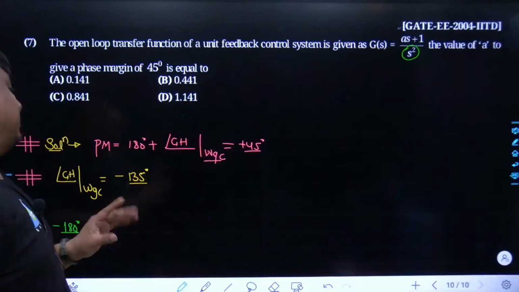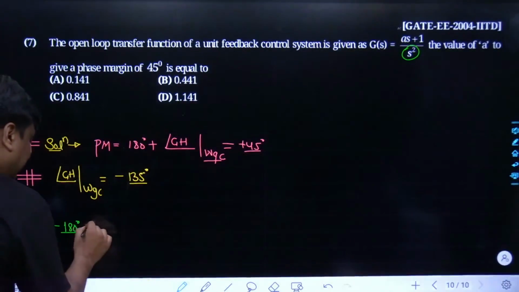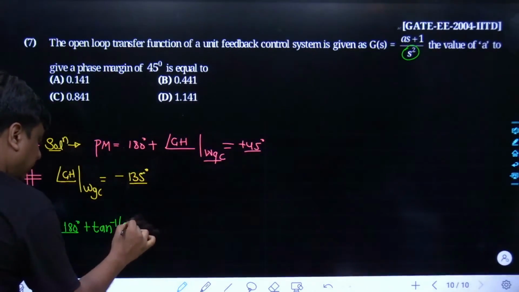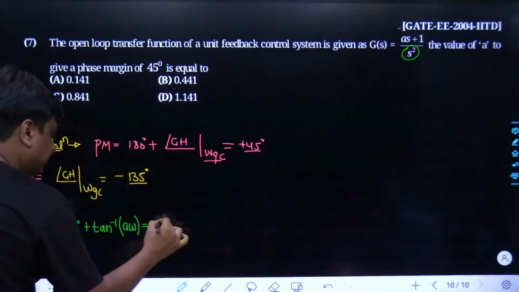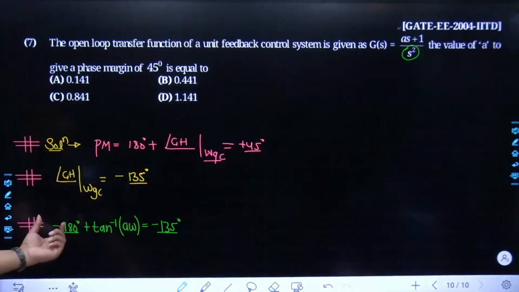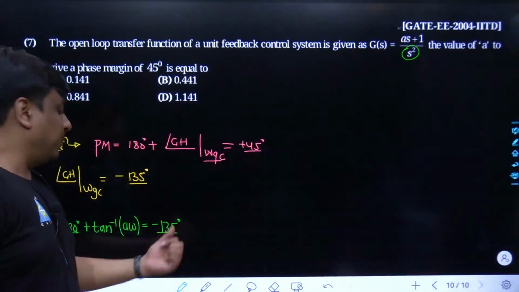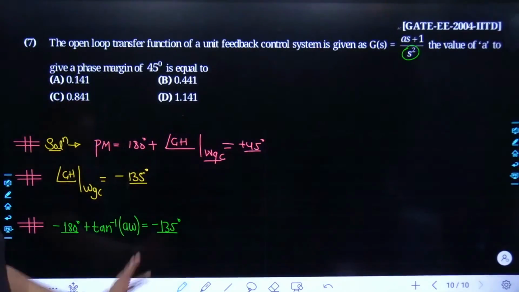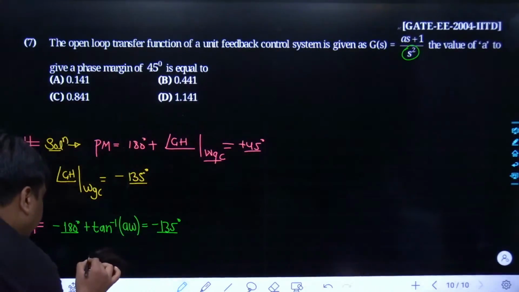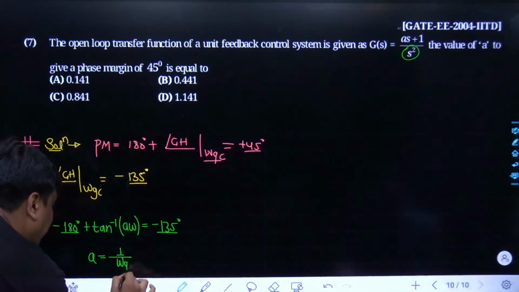Because of the factor (as + 1), there would be an angle of minus tan inverse of a omega, and now this total angle has been given as minus 135 degrees. Now the minus 180 shifted to the right-hand side becomes plus 180, and 180 minus 135 becomes 45. Tan inverse of a omega equal to 45 degrees means a omega equals 1, or a is simply 1 upon omega, where the omega is omega gc.